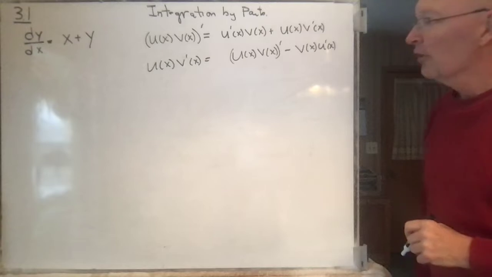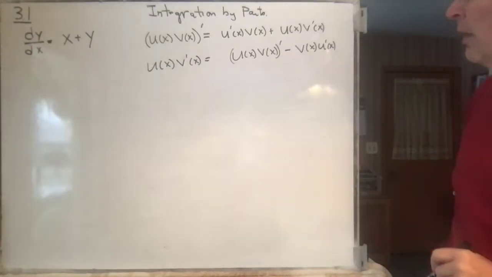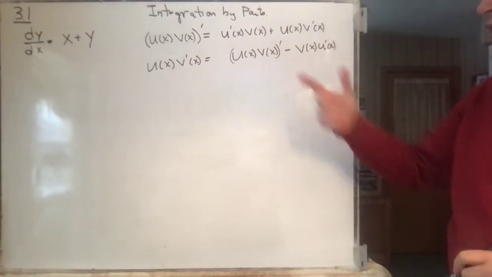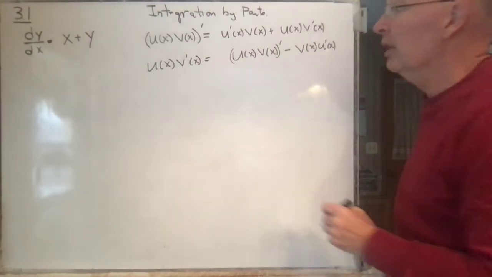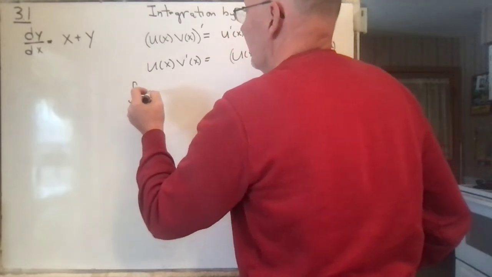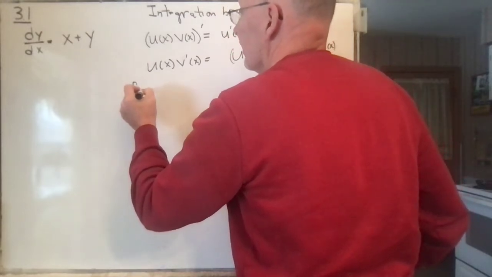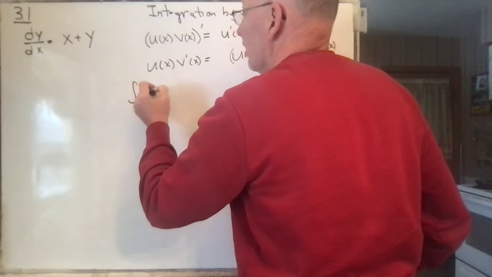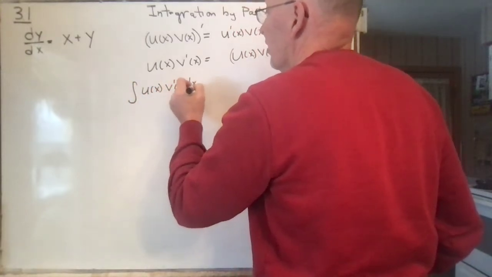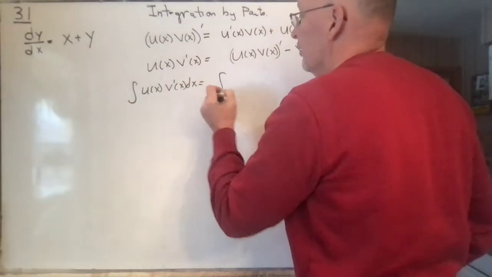So this is equal to this, and so now we're going to say, okay, if this function is equal to this function, then the antiderivatives are equal. So now I can take the antiderivative of this side, and I'm going to write it as u of x, v prime of x dx is equal to the antiderivative here.